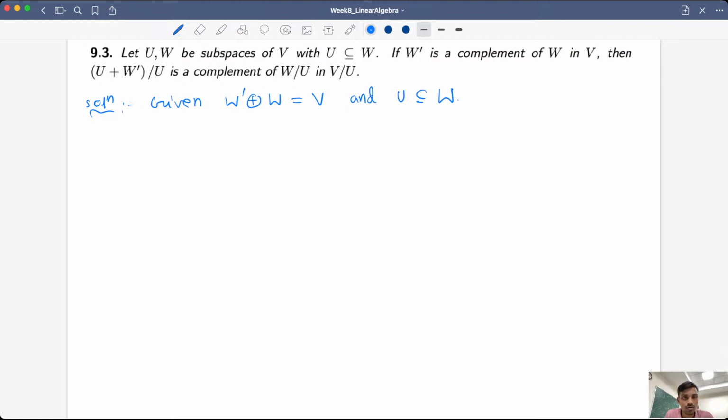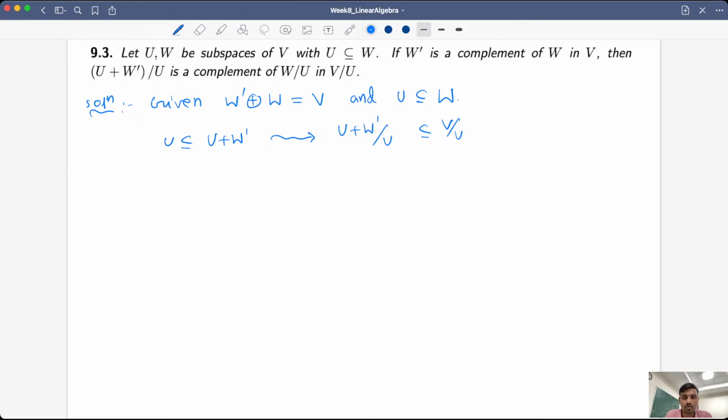Now u plus w prime, so u is also contained in u plus w prime, so that gives me u plus w prime mod u as a subspace of v mod u, right? Because u plus w prime is a subspace of v again, so that is a subspace of v mod u.